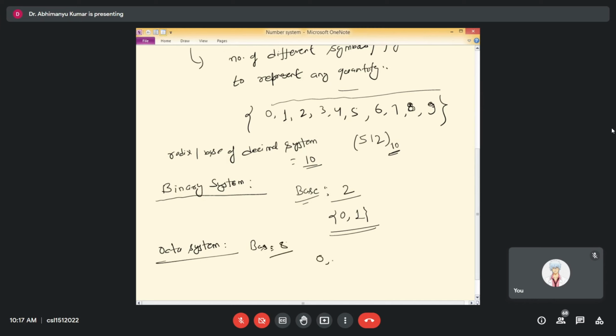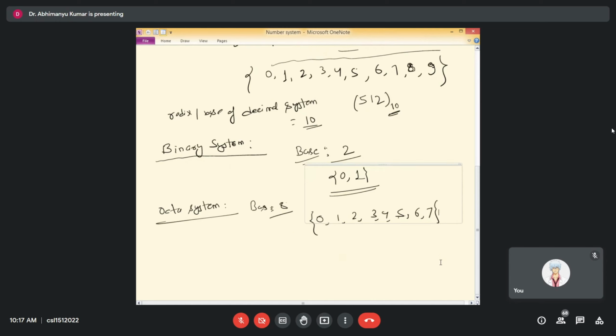It means we use 0, 1, 2, 3, 4, 5, 6 and 7 to represent any quantity. So this is called the octal system.